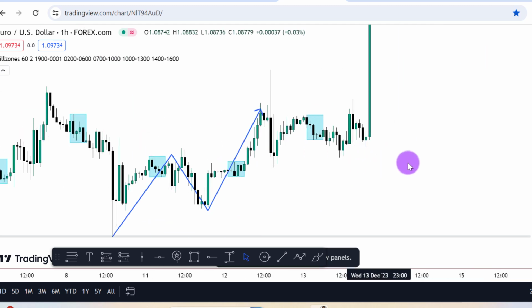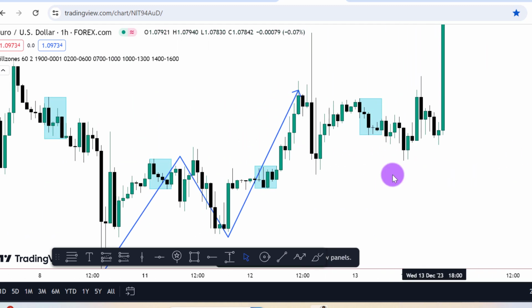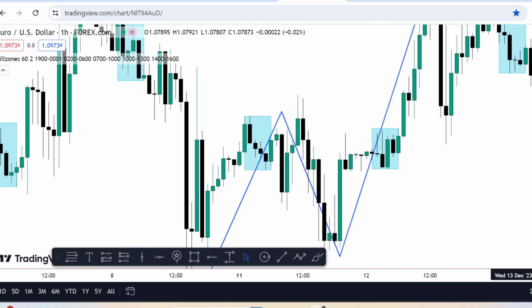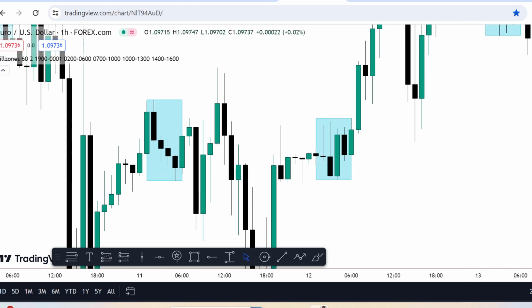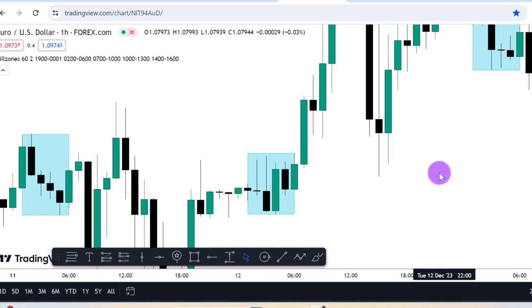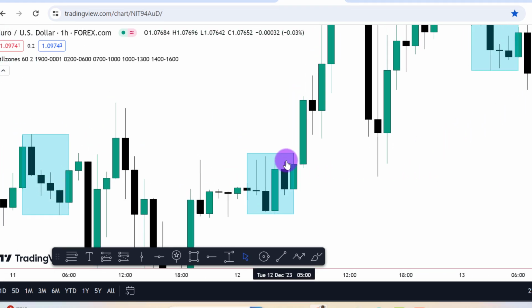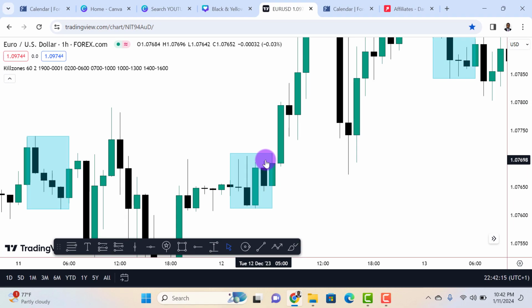So we're going to be buying in London and New York. So this is it. You can see that this was the order block. Remember, we mentioned that in an order block we need to see clear impulsive candles that close above or engulf the previous candle. You can see that this was the last sell candle before all of this impulsive move.